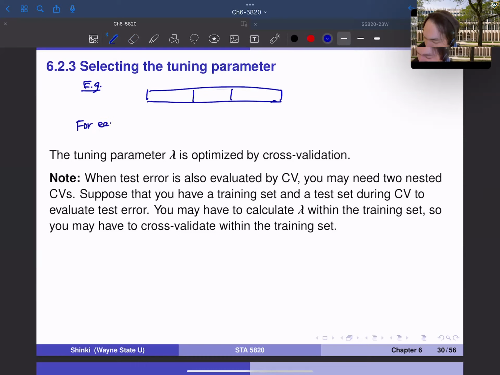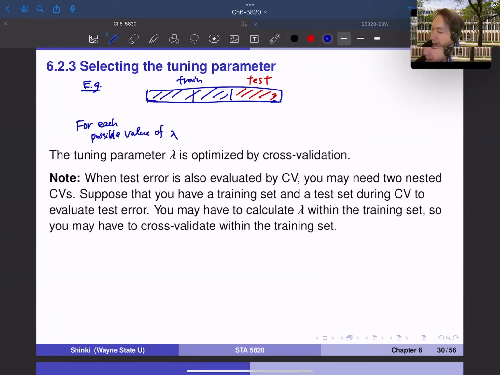For each possible value of lambda, we train the model with this data set, and we test the model with this data set. Then we can see which lambda achieves the smallest cross-validated mean square error.